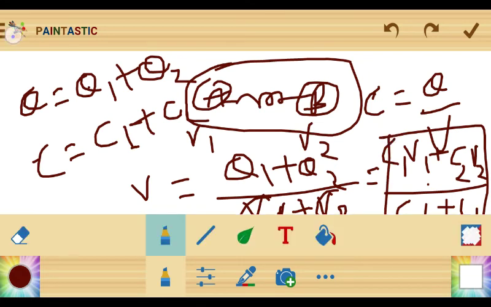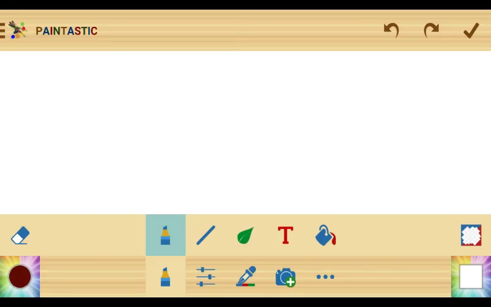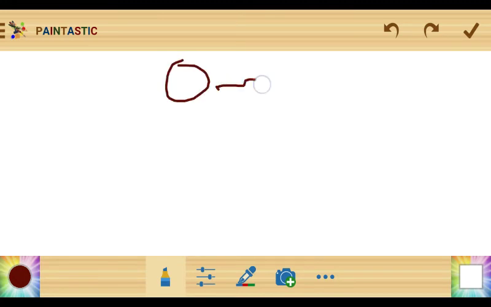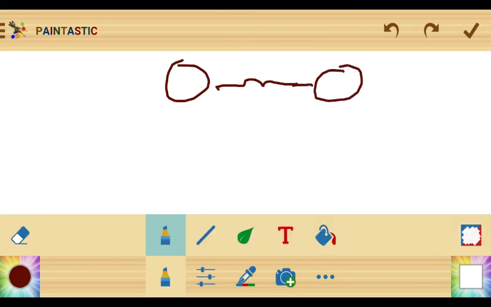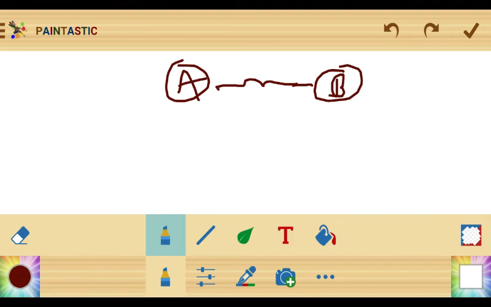Now I will start a new one. Now let's say the first body A, this is A, this is B. So once they are connected, obviously the number of charges will differ from A to B. Whether charge travels from A to B or from B to A depends.